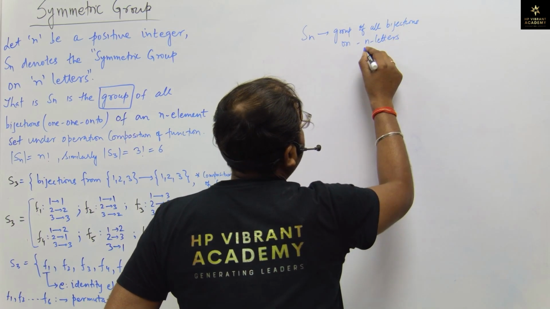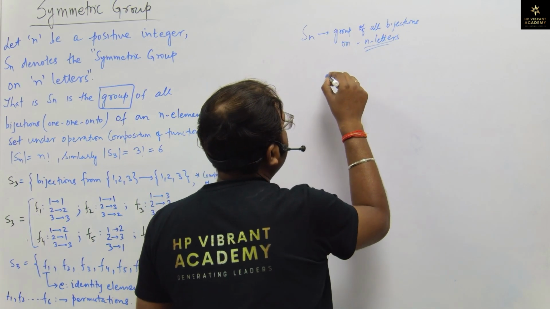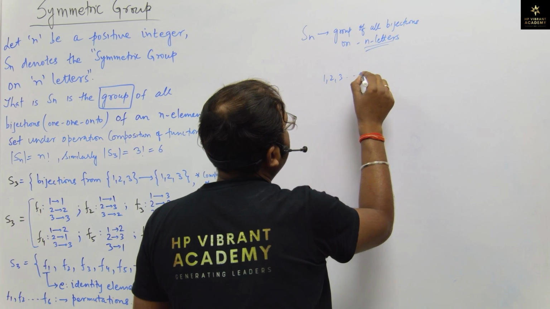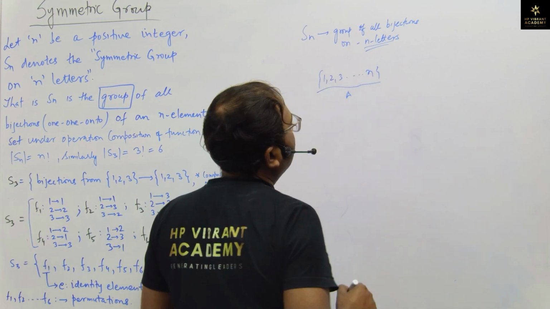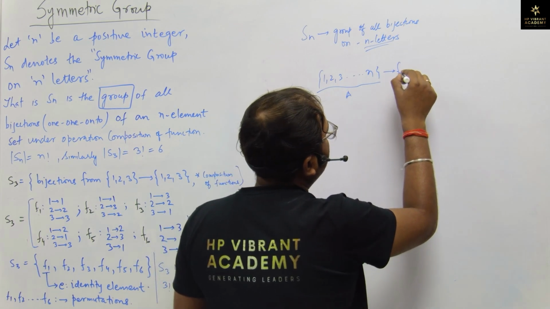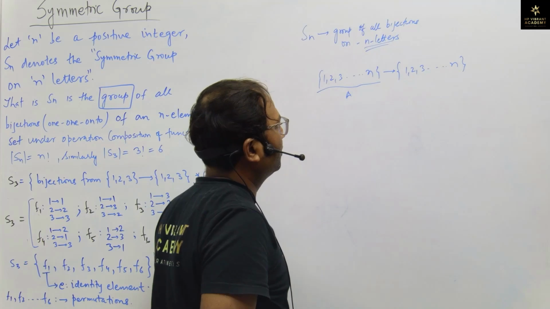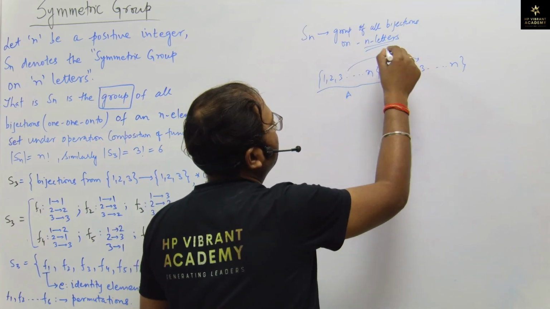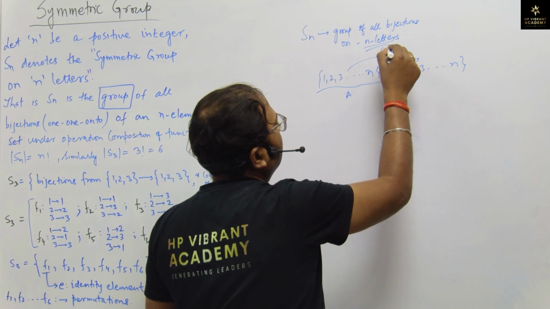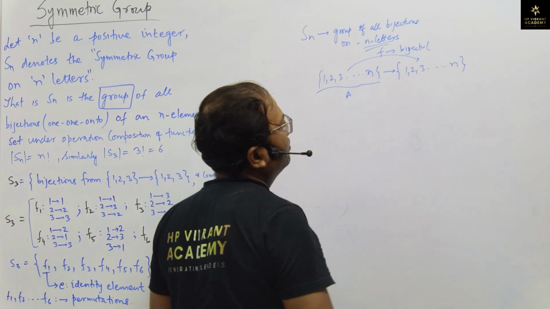Let us take a set. So we have the bijection from 1, 2, 3 up to n. These are n letters. Let us name this as set A. So the bijection is from set A to set A, and here the mapping is a bijection, that is 1 1 onto.